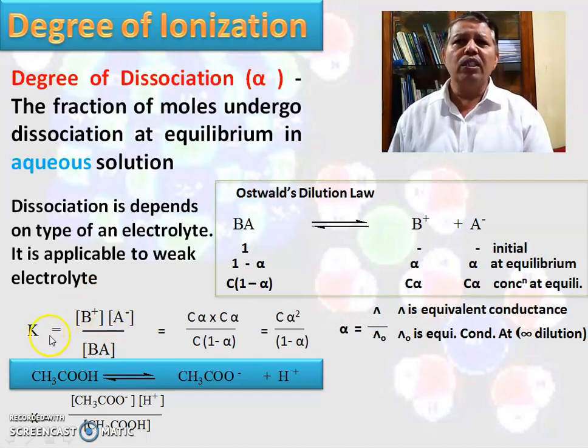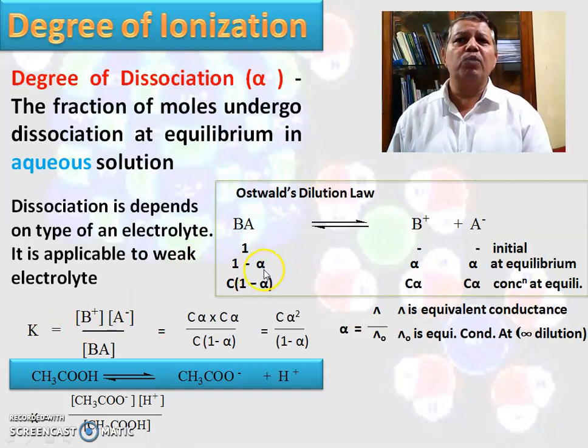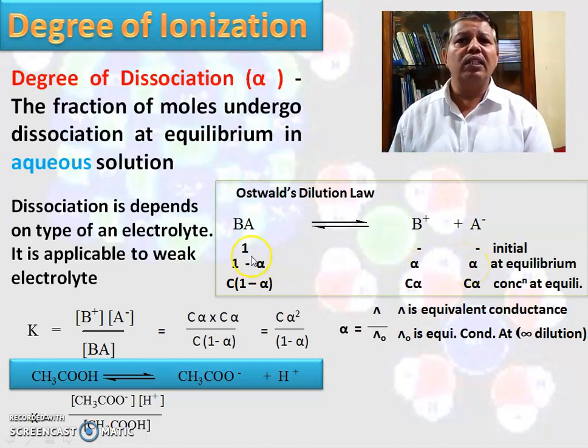Now in terms of how much it is dissociated, suppose alpha is the dissociation that takes place, then alpha is the concentration of B+ and alpha is the concentration of A-, and this alpha concentration is reduced from the initial concentration. From this, the equilibrium constant K is equal to C alpha square upon 1 minus alpha, where alpha is the degree of dissociation.